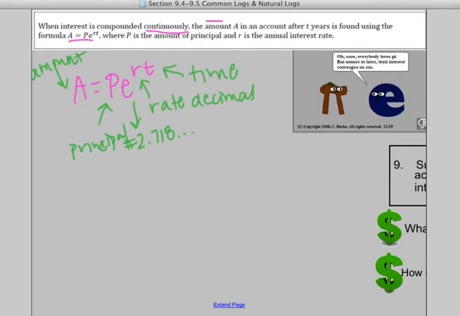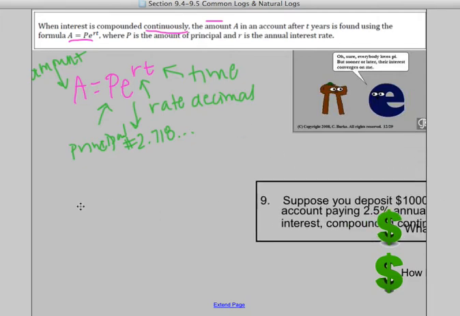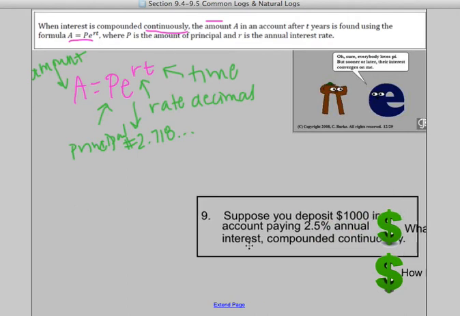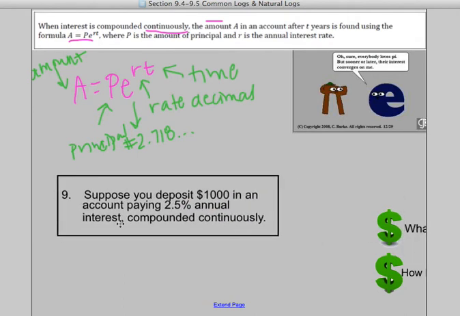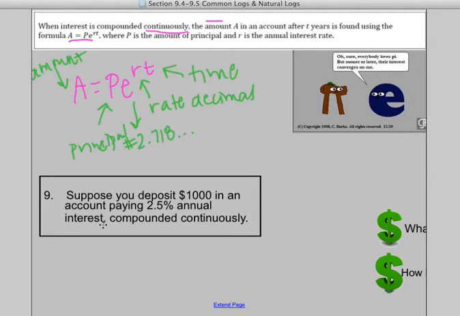So let's look at example 9. Suppose you deposit $1,000 in an account, paying 2.5% annual interest, compounded continuously. My key word here is continuously. Right away when I see that, I know I'm going to use A equals P e to the rt.